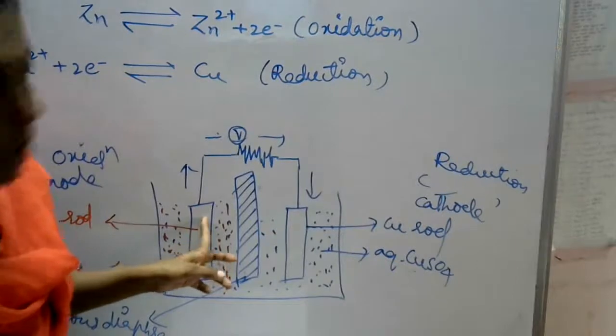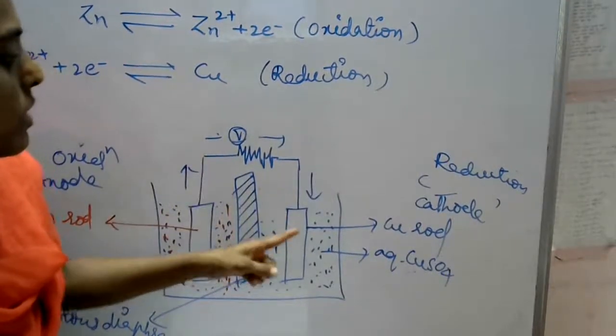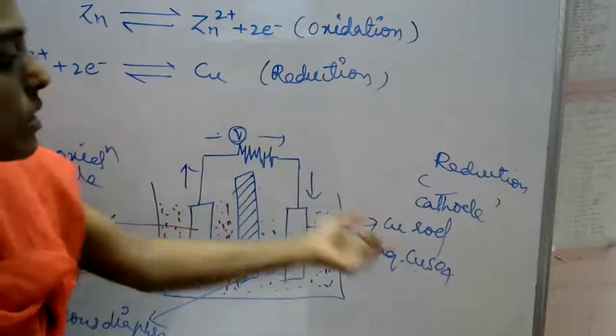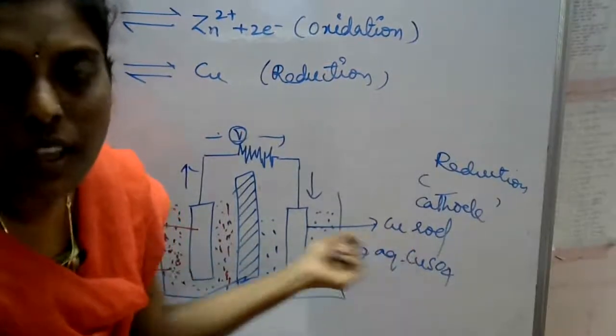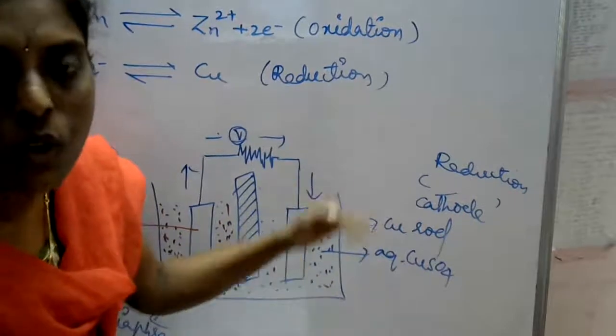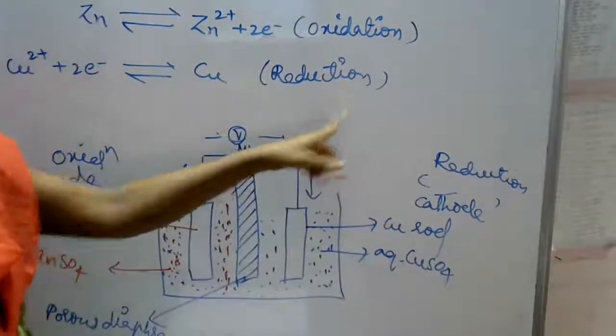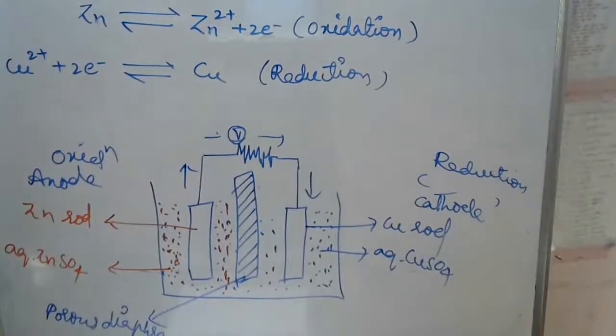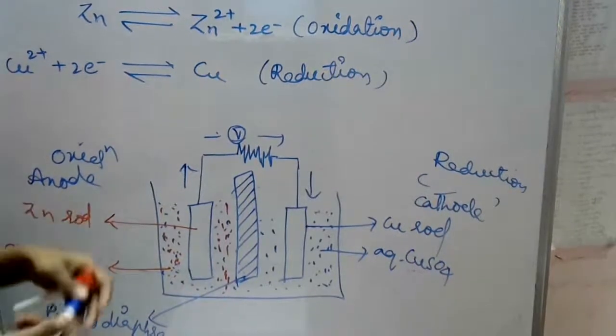Zinc lost electrons, and these 2 electrons are transferred to the copper rod, which accepts them. The process of accepting electrons is called reduction. Let's see what the net reaction is.